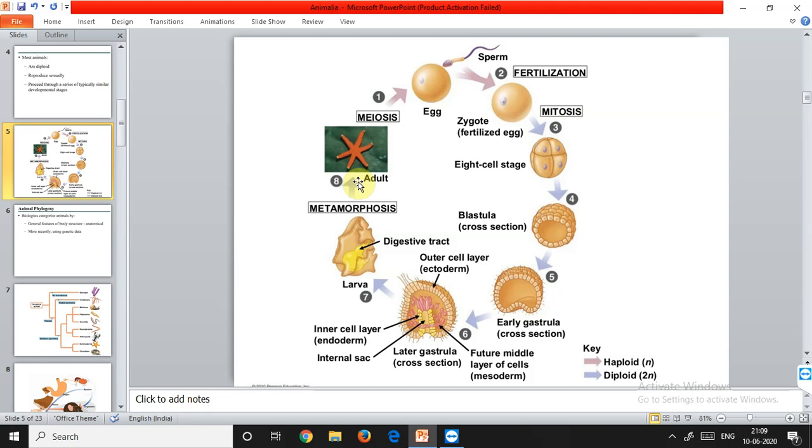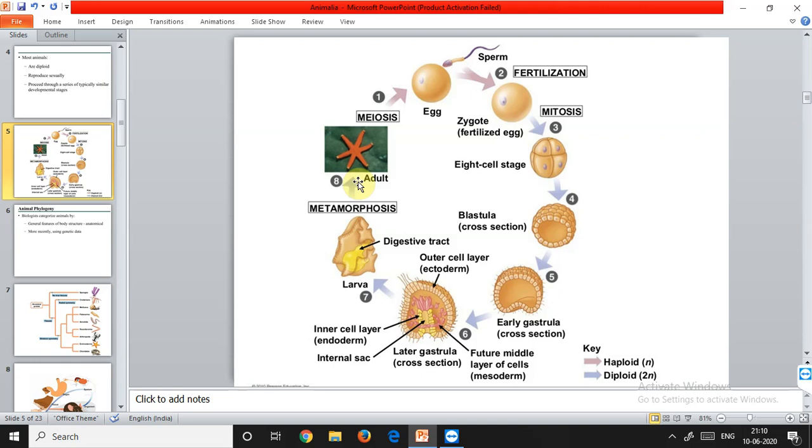So what is the difference between progressive metamorphosis and retrogressive metamorphosis? Progressive metamorphosis is the one in which the division leads to higher forms, that is more advanced and more typical forms. For example, in a butterfly you must have seen that the caterpillar changes into a complete young butterfly, and that has more cells, more tissues, and it is a little bit more typical.